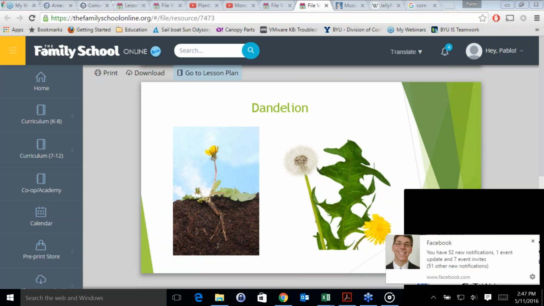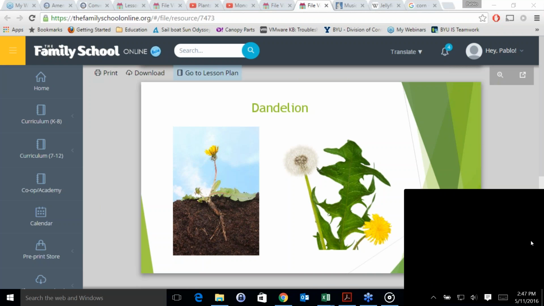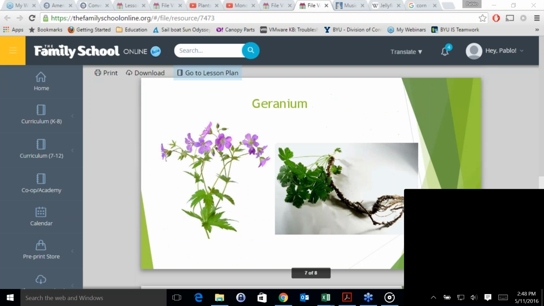So, yeah, Patrick says it reminds me of a carrot. So the taproot gives you the clue there that this is a dicot. So very big taproot. Then let's see here the geraniums. What do we see now here in the geranium plant?